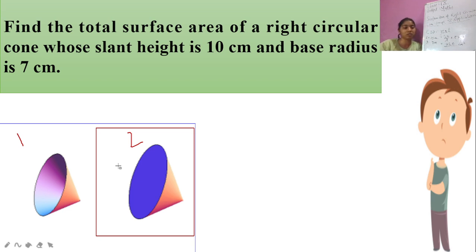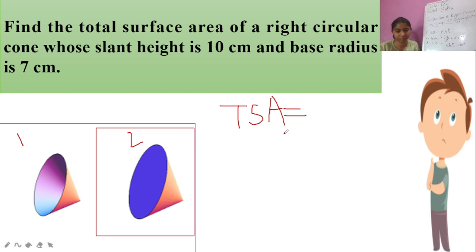So students, we have already found the curved surface area, now we have to find the total surface area. So what is the value for the total surface area? Firstly tell me the formula, let me write it down. You also write down the answer in the comment box for the total surface area.